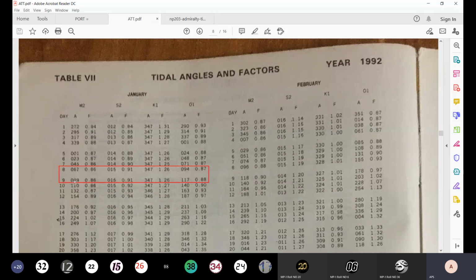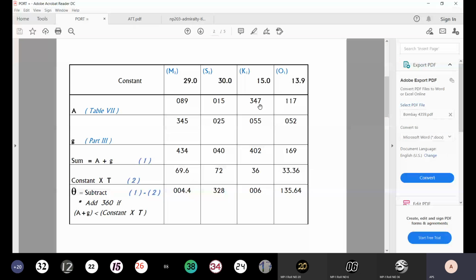So write down this 89 for capital A under M2 for 9th of January. Similarly, for 9th of January under S2, what is capital A? 015. So you write 015. Then you write 347. Then 117.